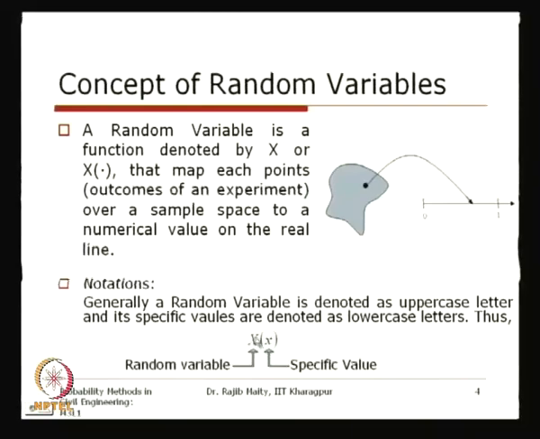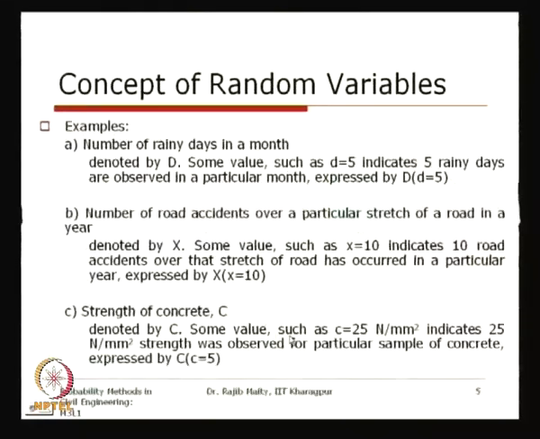Thus, the uppercase letter X indicates the random variable, and any specific value of this random variable is denoted by the small x shown here. So, this is the specific value of the random variable X.